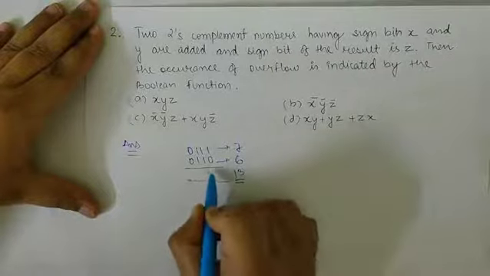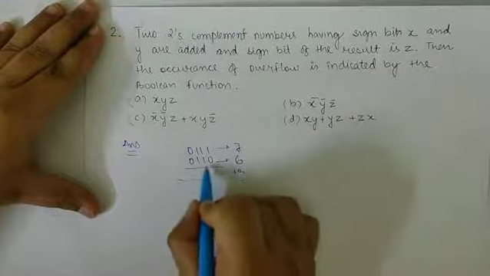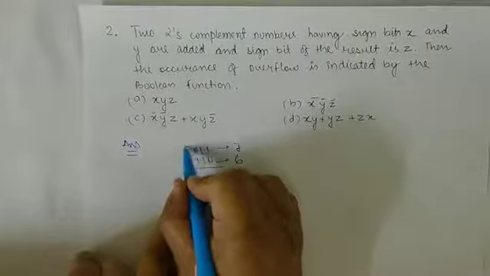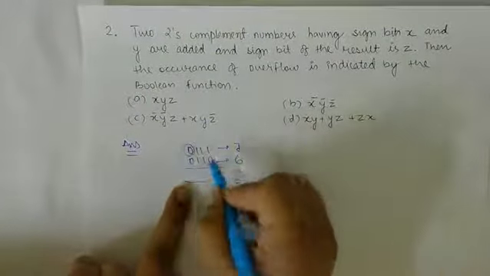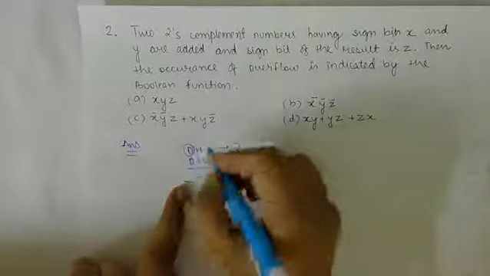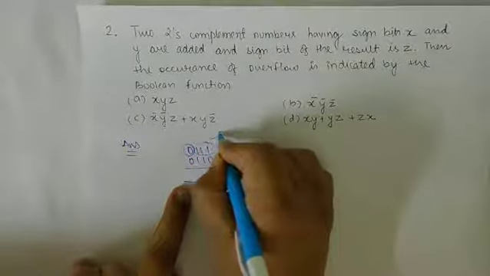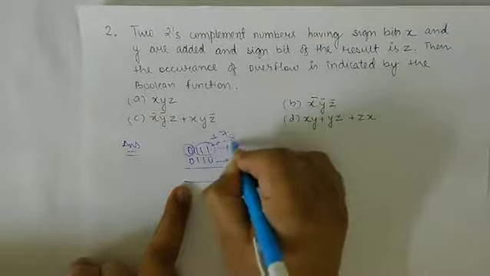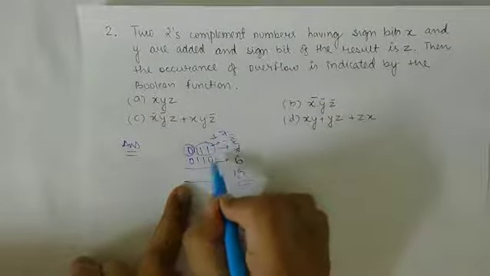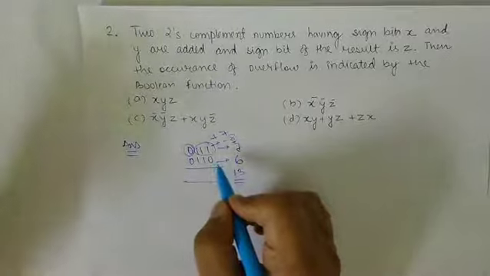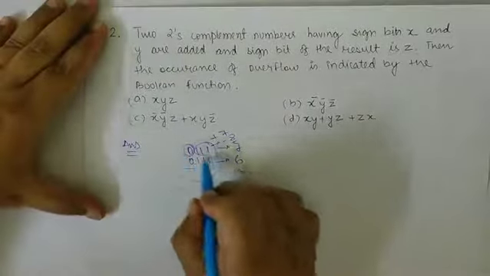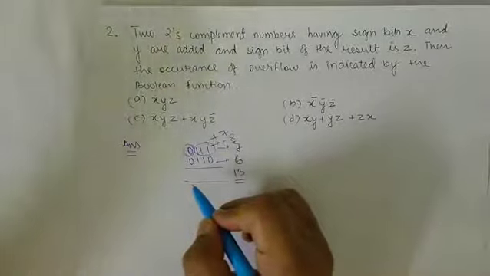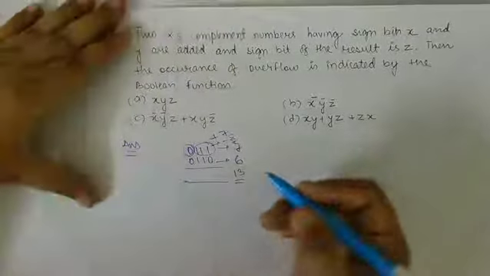So 13 cannot be represented by a 4-bit number because the first bit is for the sign. With the remaining 3 bits, using 2's complement in a 4-bit number, we can represent a maximum of plus 7 and a minimum of minus 8.